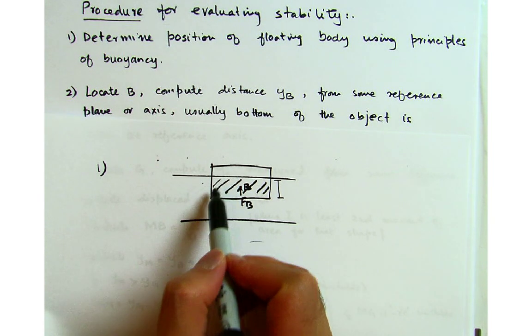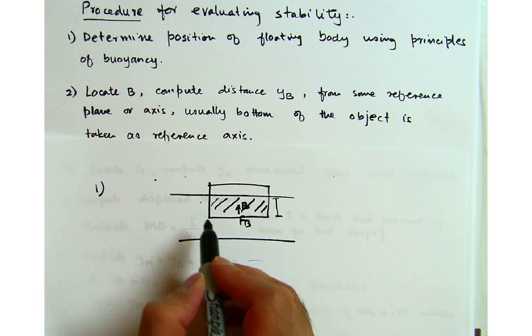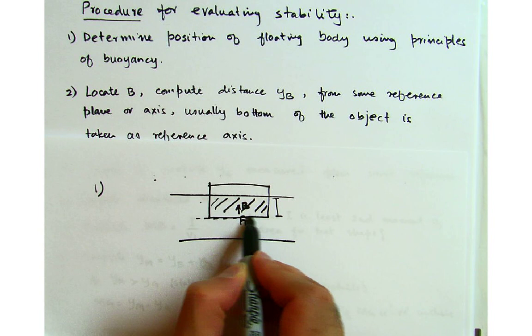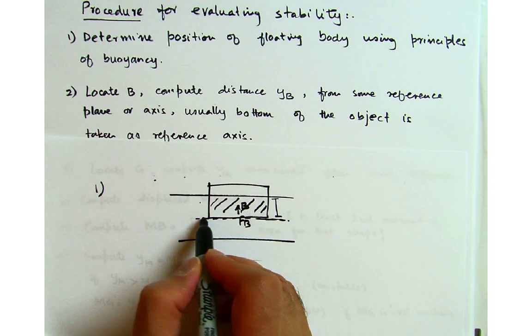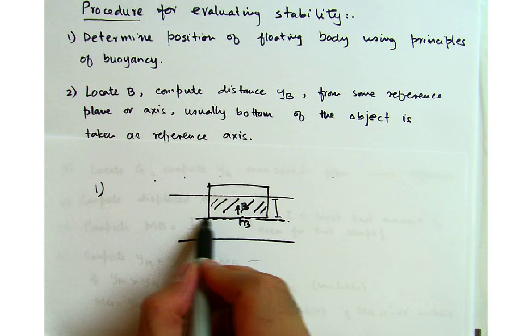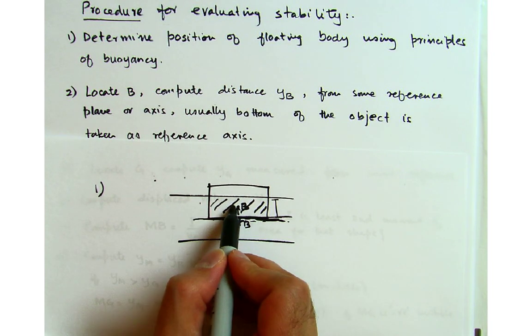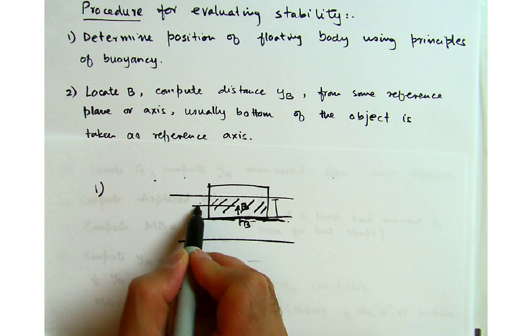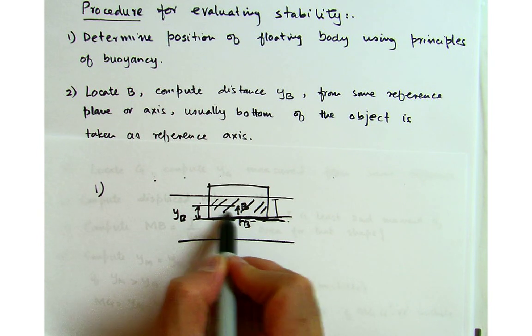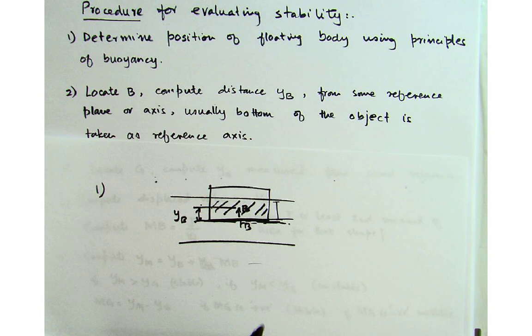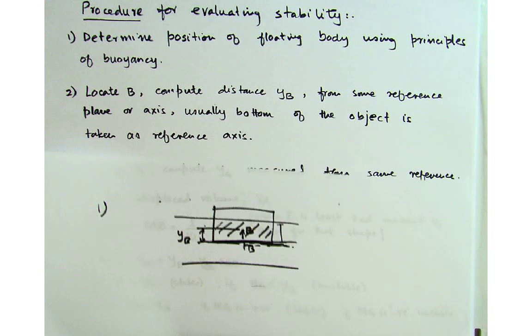Usually that reference is taken to be the base of the ship, or you can take a whole plane or just an axis, because we have to reference it from somewhere. So I'm just going to take this point as the reference, and we will find what that YB would be. This gives me, from this reference line to that buoyancy point B, YB.